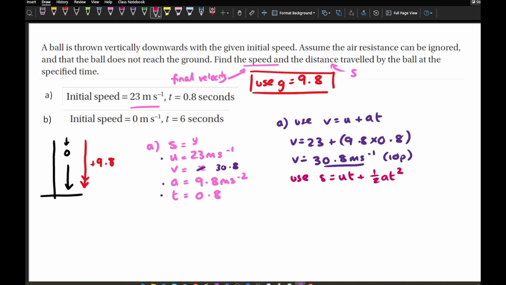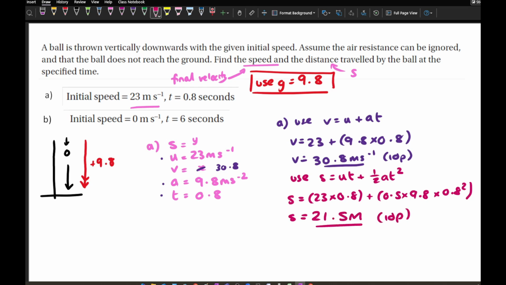So using this formula, I get S equals 23 multiplied by 0.8 plus 0.5 multiplied by 9.8 times 0.8 squared. Then if I type that all into my calculator, I get an answer of 21.5 meters, and that's to 1 decimal place.